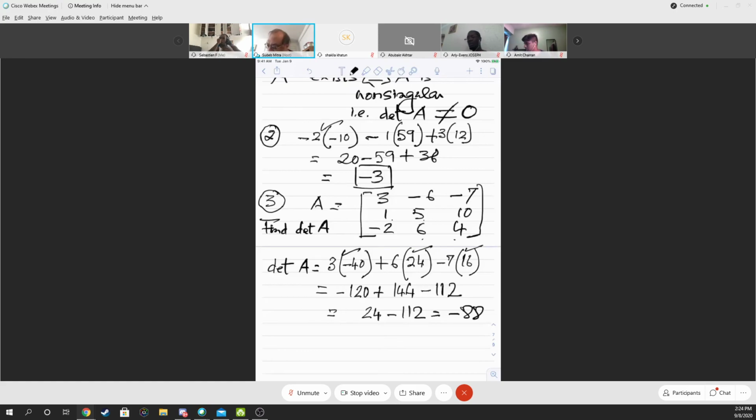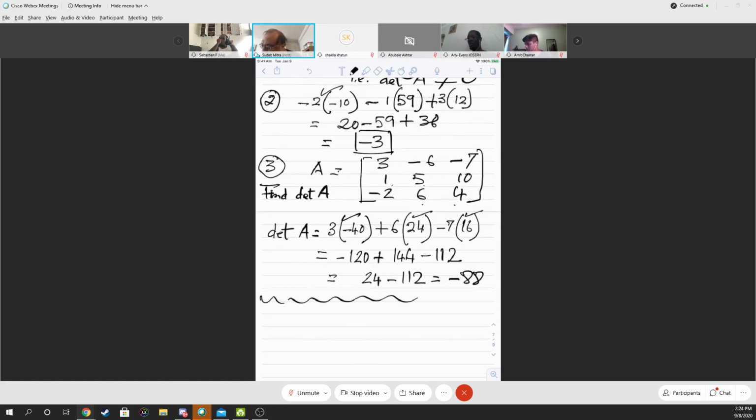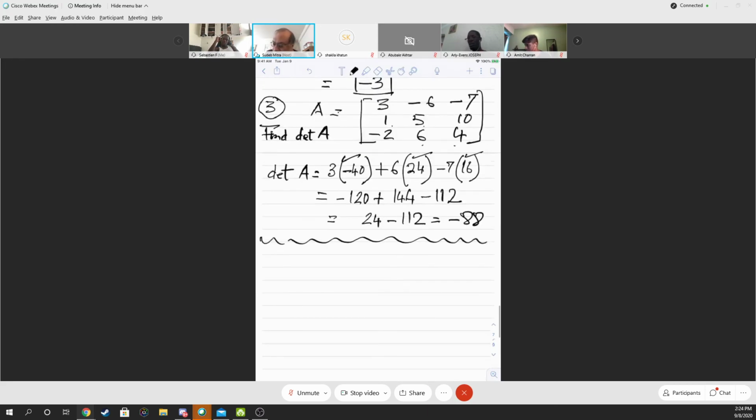Okay, so that's fine. Before we take a short break, I have three good problems. First, number one: find lambda such that determinant of A is 0. A is lambda minus 2, 1, minus 5, lambda plus 4.